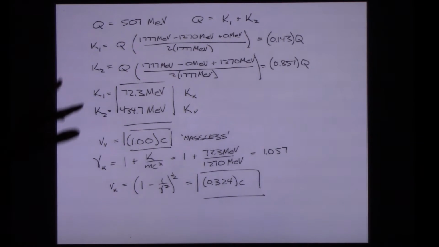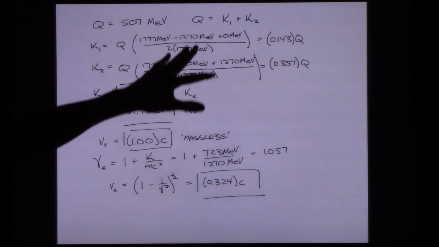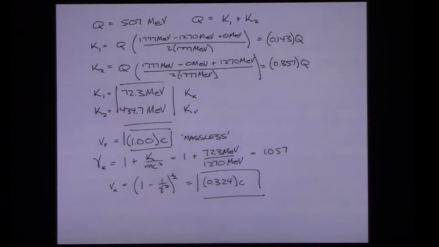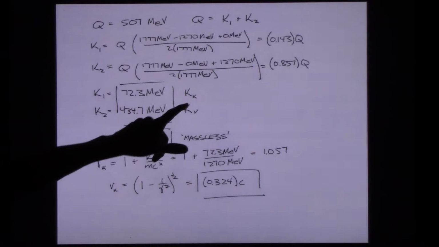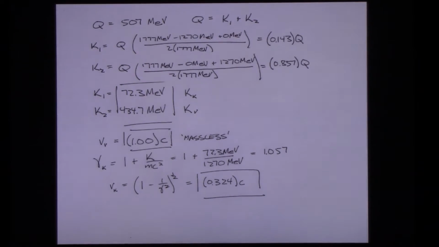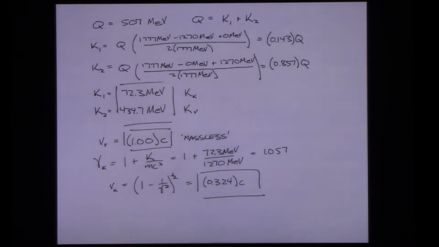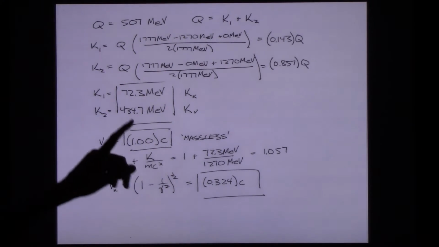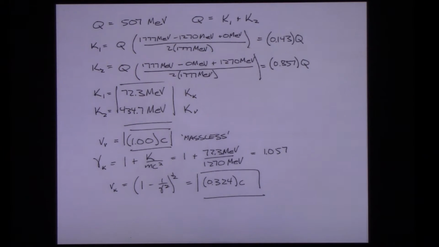Now, I did this, first of all, in terms of fractions of Q. So I solved these numbers. And what it showed was that the kaon, the K1 particle, its kinetic energy, was 0.143 of the total available energy released, whereas the neutrino acquired 0.857.